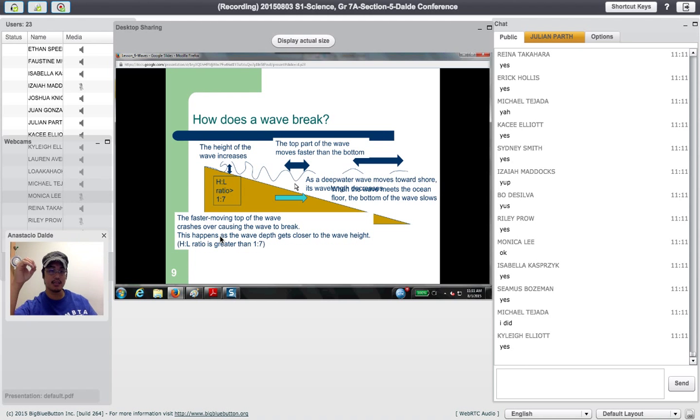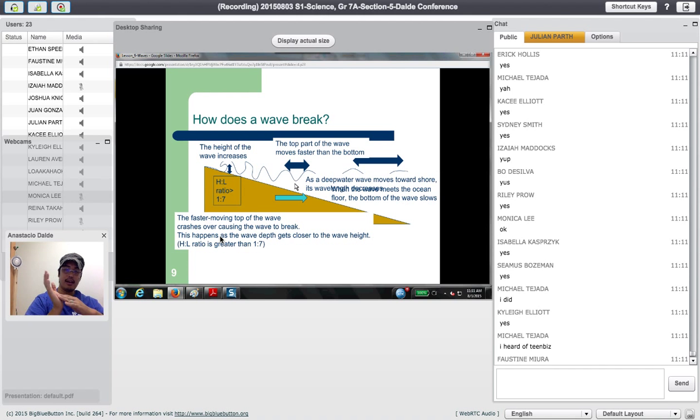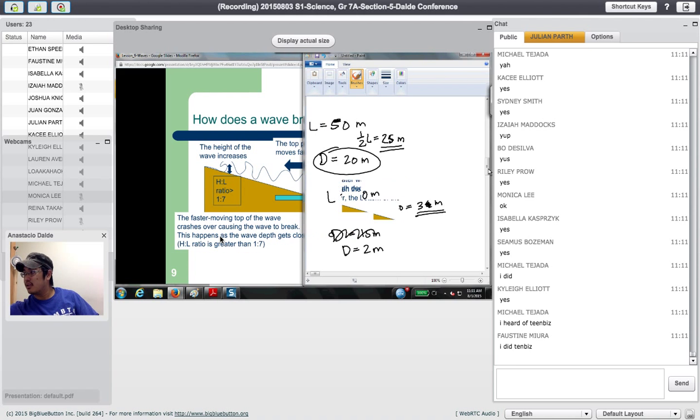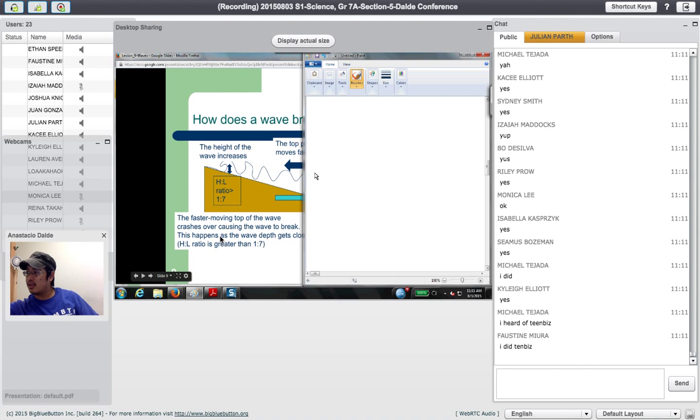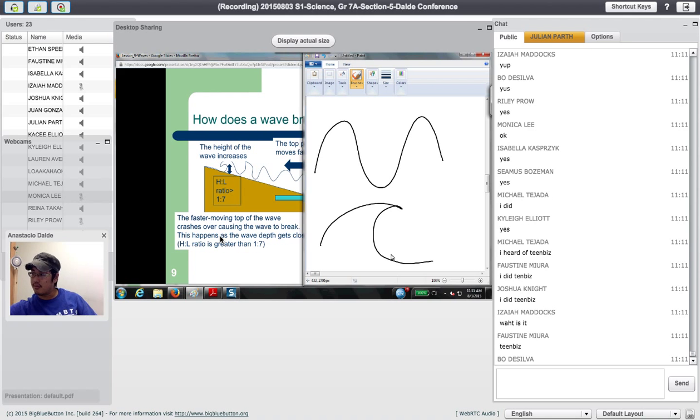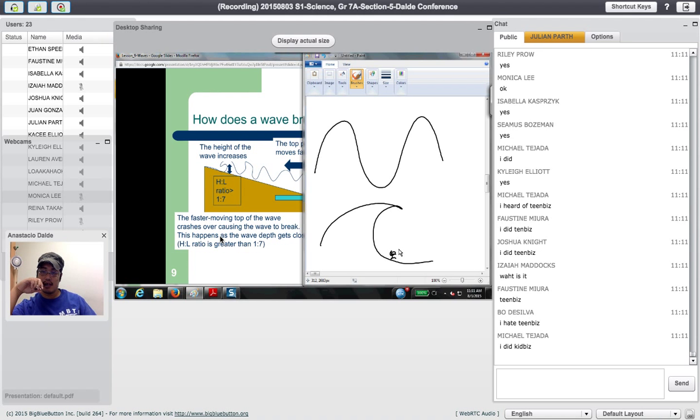That is when the wave will break. So the wave changes from looking like this to looking like this. And this is the one you want to surf. Unless, of course, it's a tsunami. And then you're in trouble.